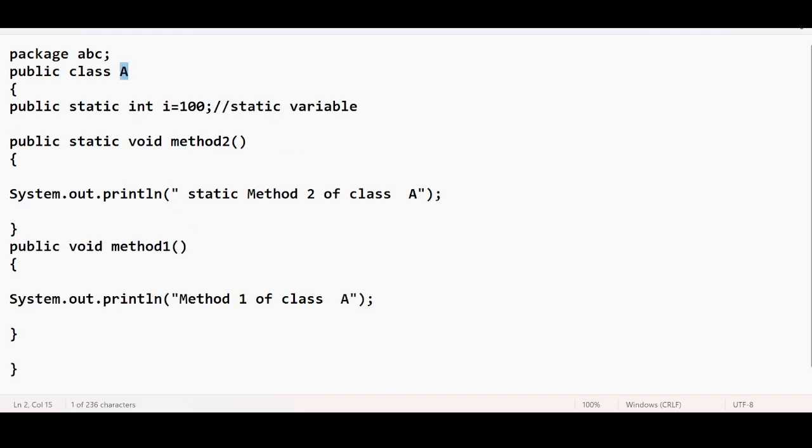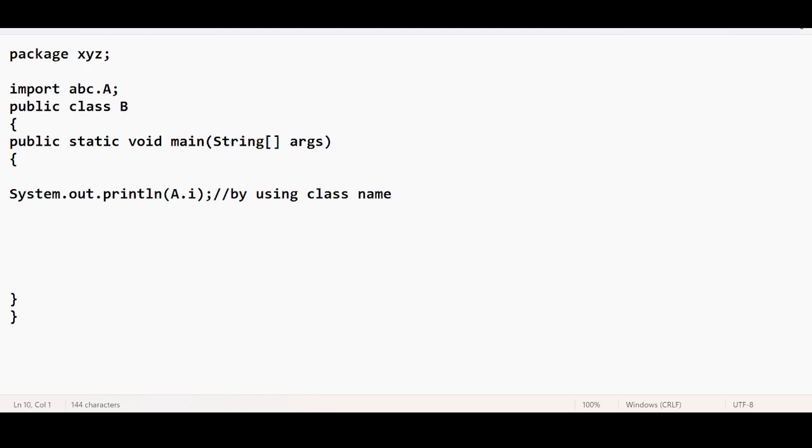If you want to access a static method, use the class name dot method name. To access static variables, use class name dot variable name.